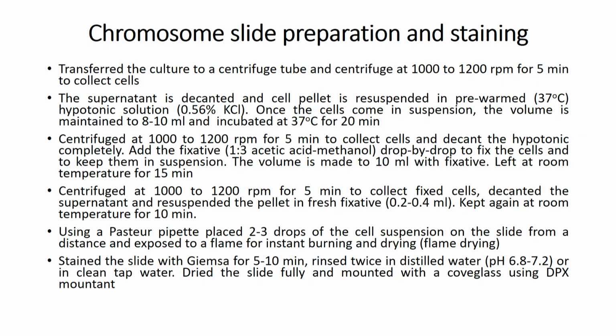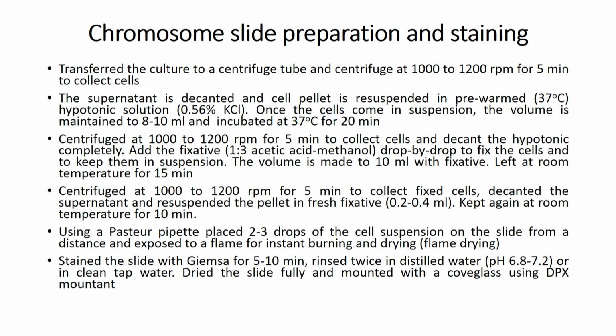So, one can fix once again, or if time does not permit, one can centrifuge, collect the cells, decant the supernatant and resuspend the pellet in fresh fixative, only 0.2 to 0.4 ml. This is for making the chromosome preparation, and keep at room temperature for 10 minutes or so.